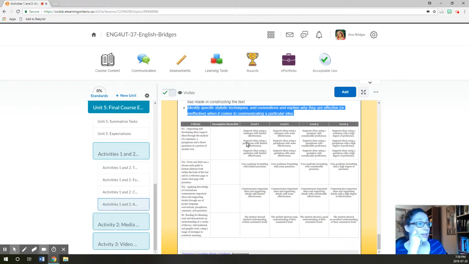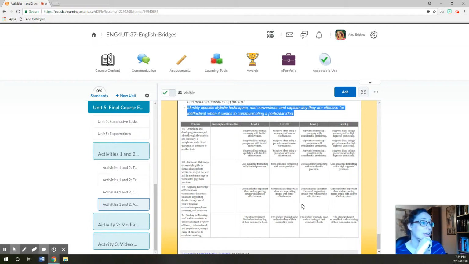The rubric is looking very specifically for 4 things. The first one is organizing and developing your ideas. So did you support your ideas using summary, paraphrase, and quotation? Essentially, are you using textual evidence to support your ideas? W2, are you using academic formatting with considerable precision?